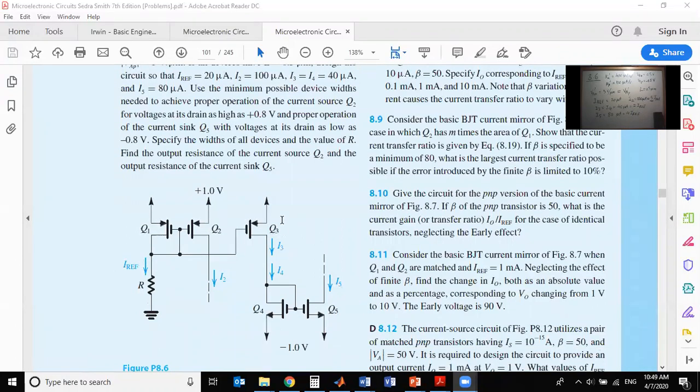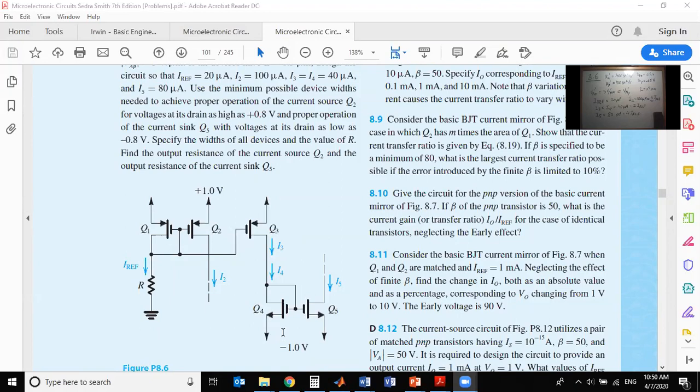And Q3 and Q4 are sharing the same current, because any current here will be the same as this current, will be the same as this current. Why? Because the gates carry no current, right? The gate here doesn't have any current, the gate here doesn't have any current. So you assume that any current in Q3 will be the same as Q4. So Q3 and Q4 will have the same current. So now you replicated the same current, I3 and I4 will be the same. You cannot make a ratio here, okay?